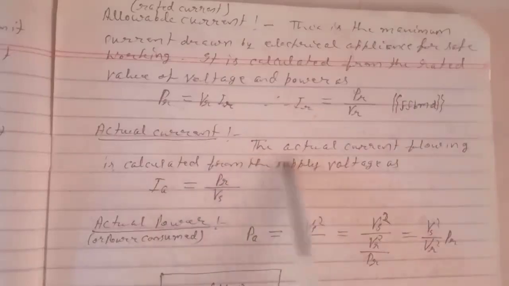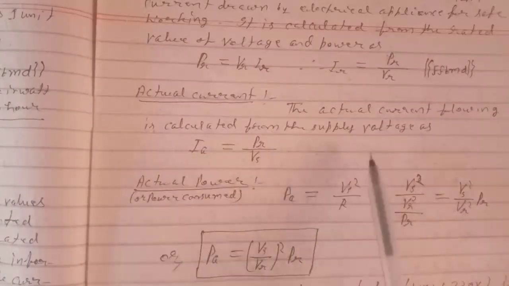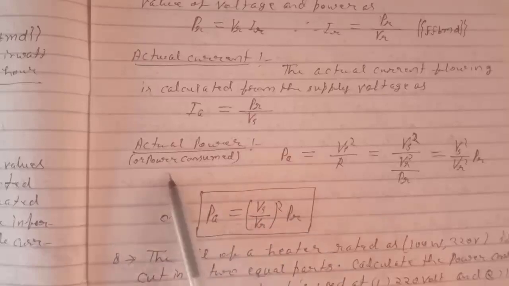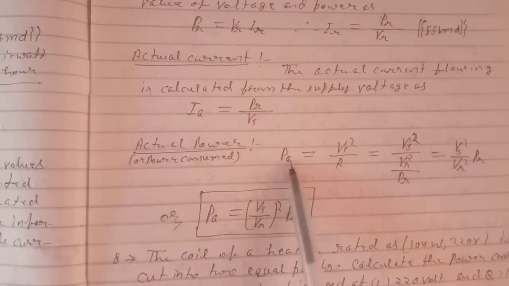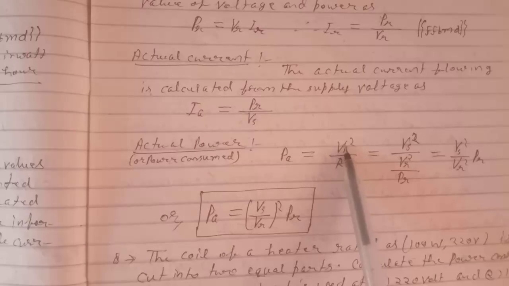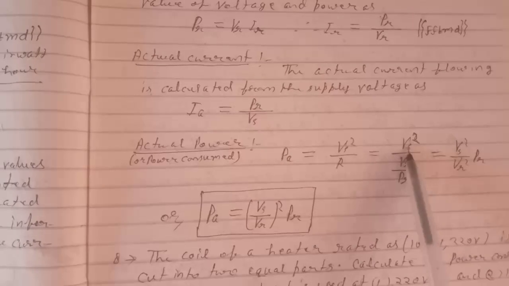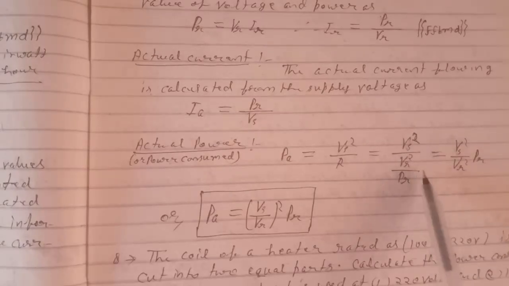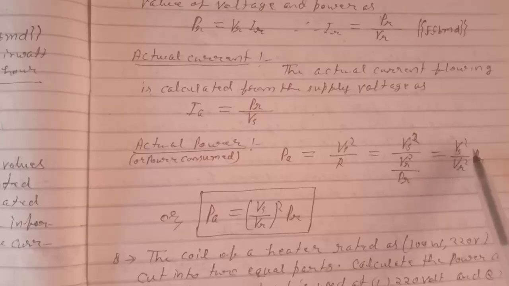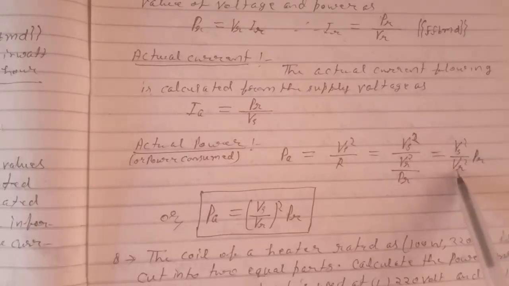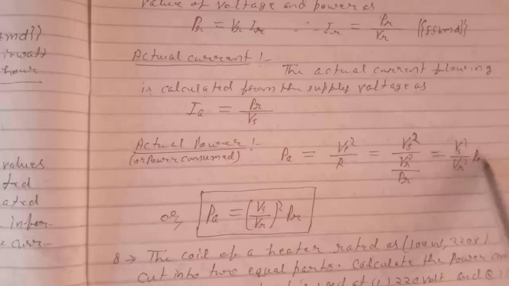Now the actual current flowing is calculated from the supply voltage, that is, I actual equals P rated by V supplied. Similarly, actual power or power consumed, P actual equals V supplied square by R, or V supplied square by V rated square by P rated, that is, V rated square into P rated.